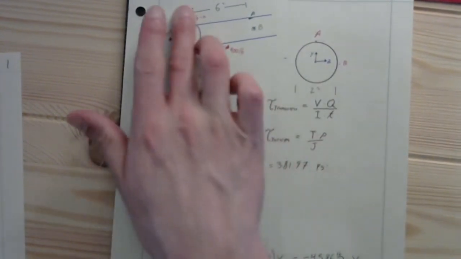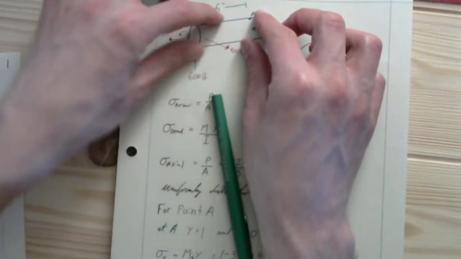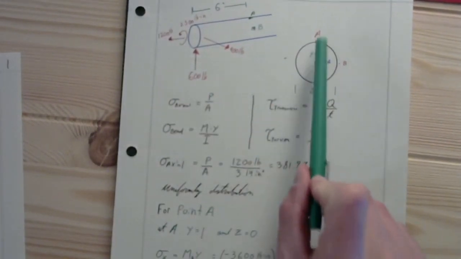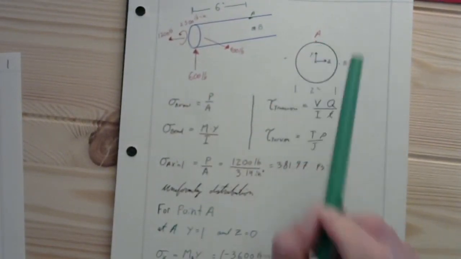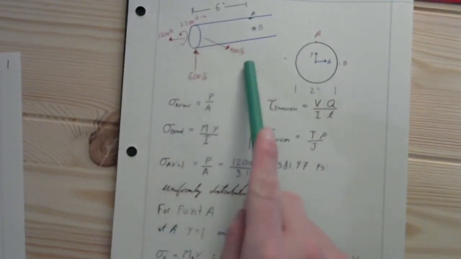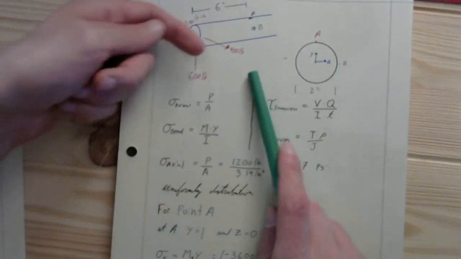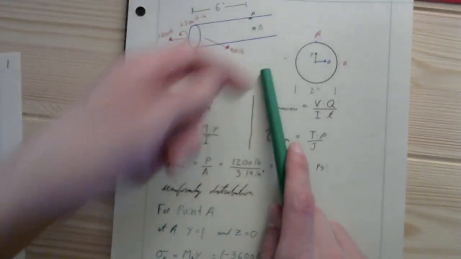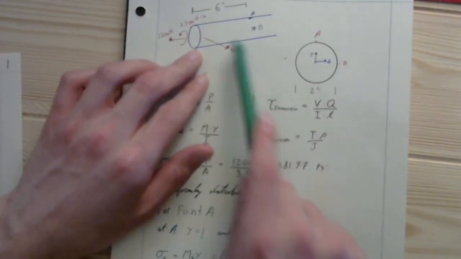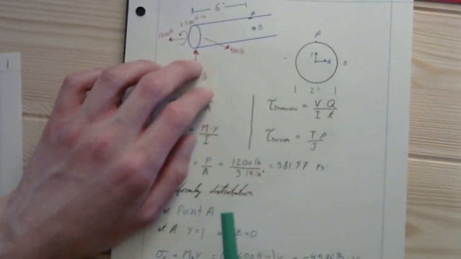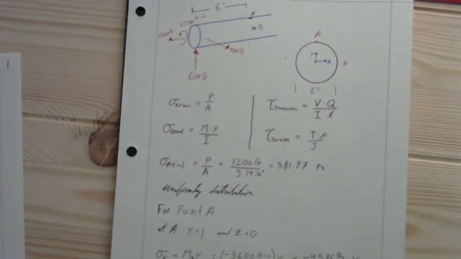So if we force this up, this is going to bend. We're not going to get any stress at A due to this force right here, because we're bending about the y-axis, so A is at the neutral axis for that, and it's not going to induce any stress at all.